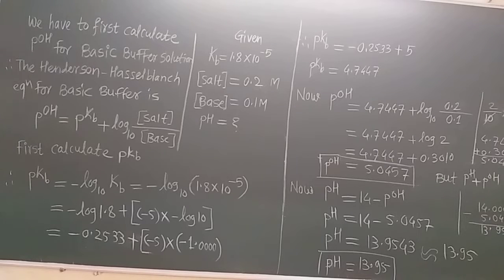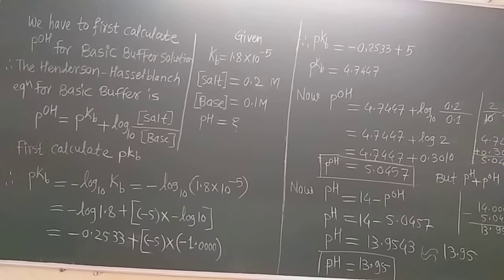Now pKb is equal to minus log to the base 10 of Kb, and the value of Kb is given, so it is minus log to the base 10 of 1.8 into 10 raised to minus 5. Now if we calculate this, it becomes minus log of 1.8 plus, in bracket, minus 5 into minus log of 10.